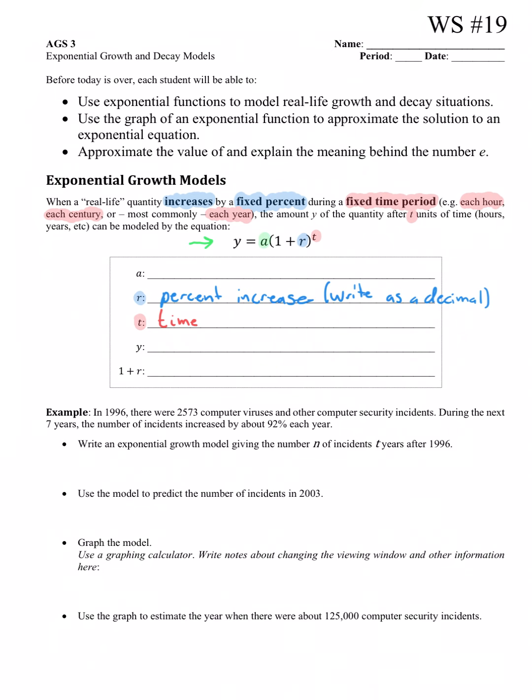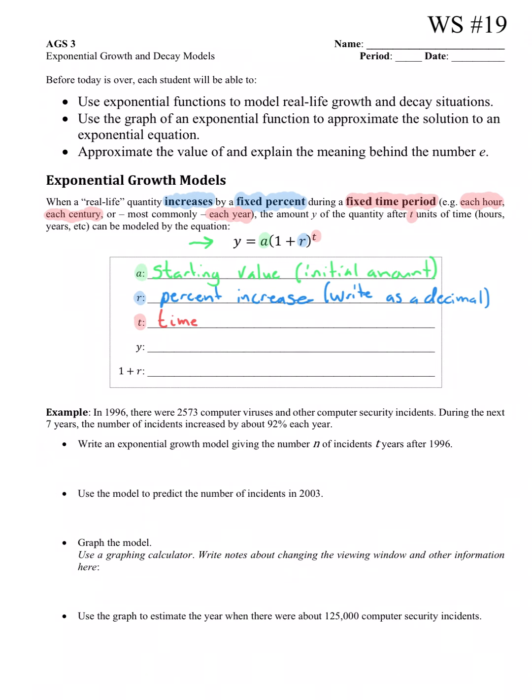And then we have this variable a, which is in front of the parentheses. The a represents our starting value, or it's also the initial amount. Those are some things we could see there.